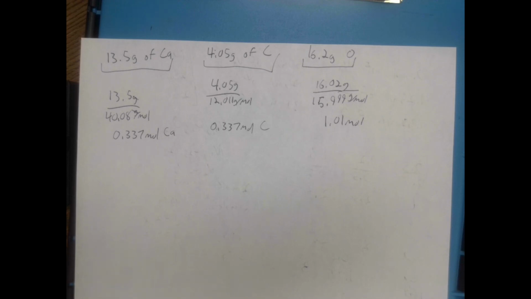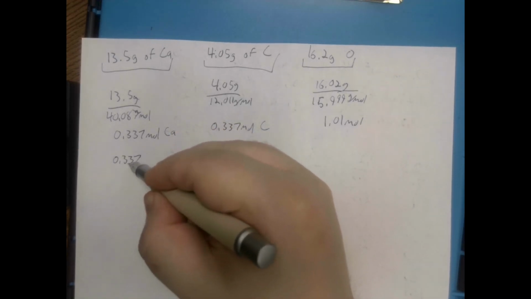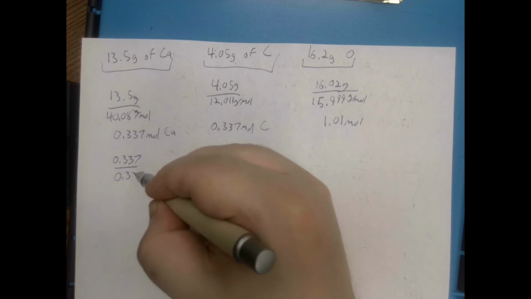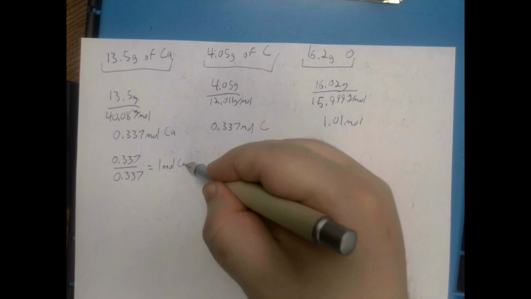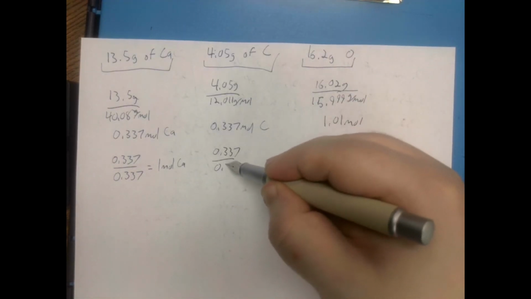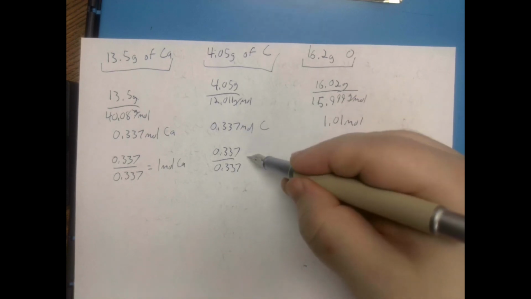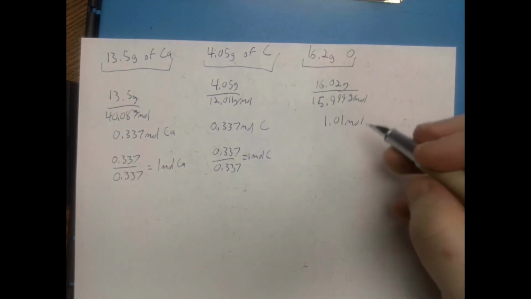So, we take the lowest number and divide it across all of them. So divide each one: 0.337 divided by 0.337 is 1, so 1 mole of calcium. 0.337 divided by 0.337 is equal to 1 mole of carbon.